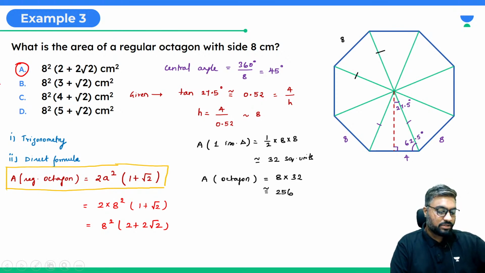If you have any doubts, please let me know. ठीक है? This 256 is also actually very small. ये बहुत छोटा value है, right? This will be the right answer. If you have any questions or queries, please let me know.